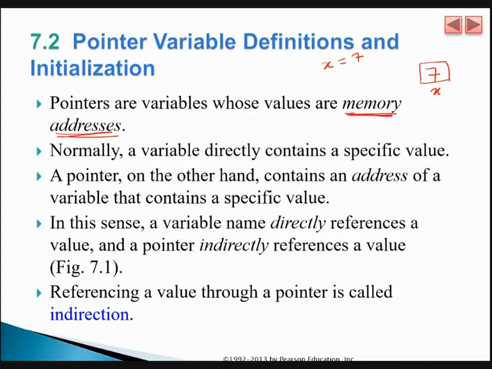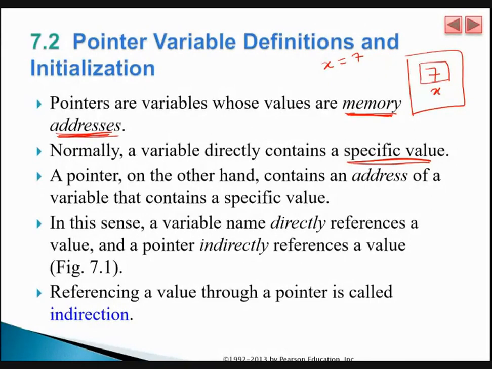It will allow the storage of memory addresses, right? When we talk about a variable directly containing a specific value, as in this case, x contains a specific value, that is 7. But a pointer contains the address of a variable that contains a specific value. Okay, so pointers are variables which indirectly reference a value.